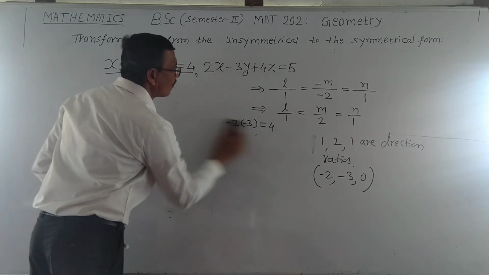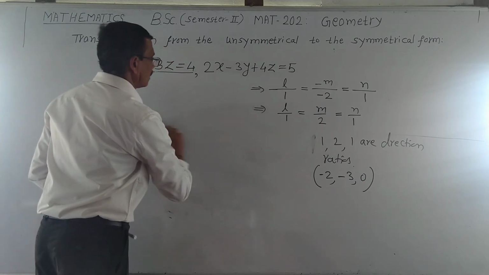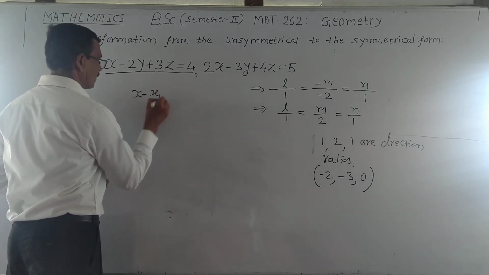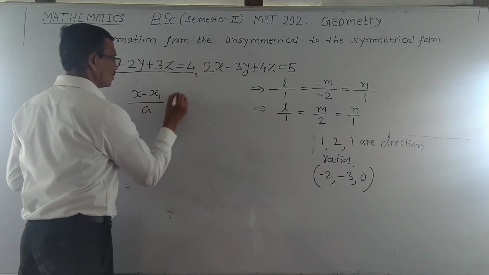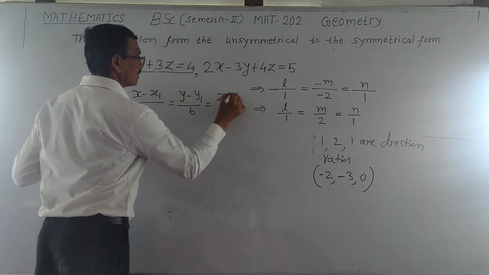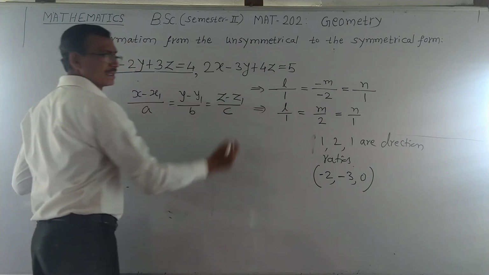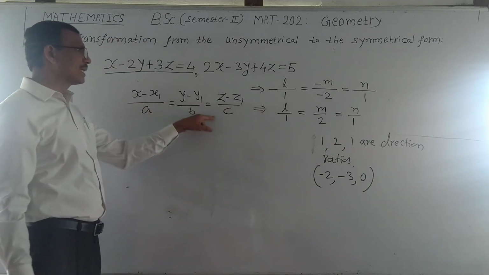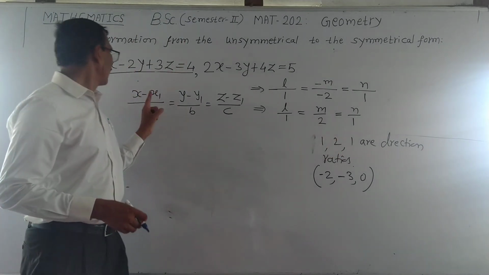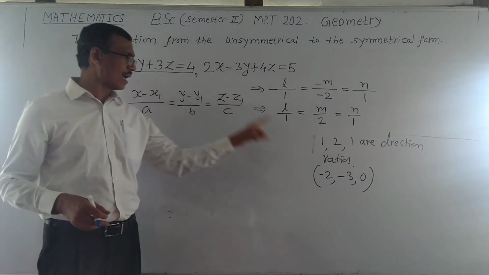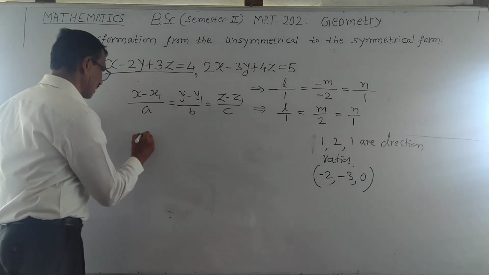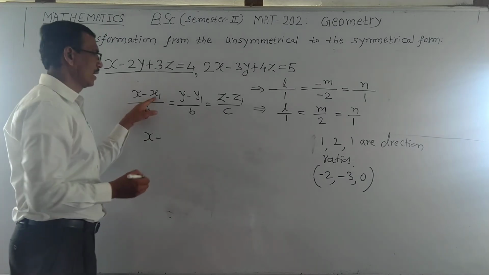What is the general form? The general form is x minus x1 upon a equals y minus y1 upon b equals z minus z1 upon c. A, B, C means direction ratios, that is 1, 2, 1. And x1, y1, z1 are minus 2, minus 3, 0. And therefore the symmetrical form is x minus x1.